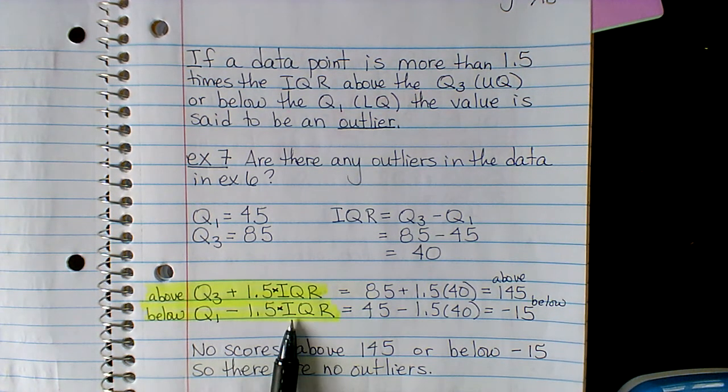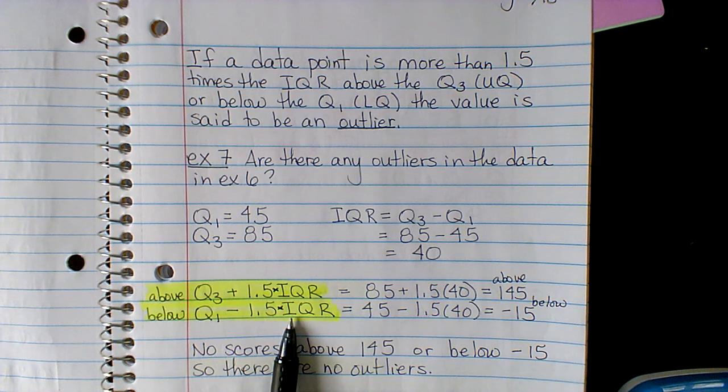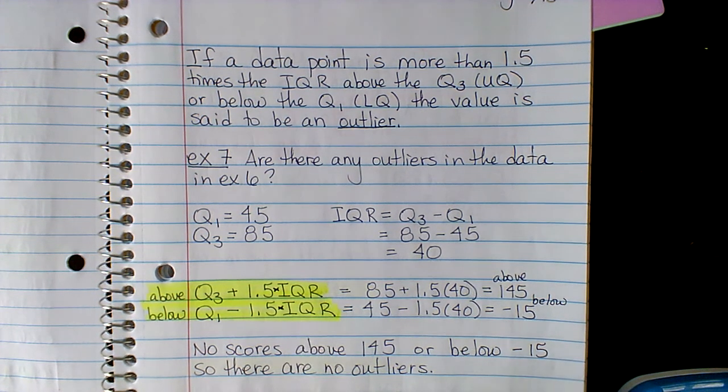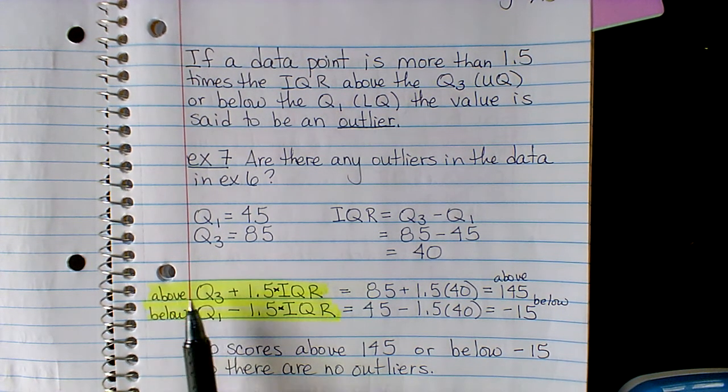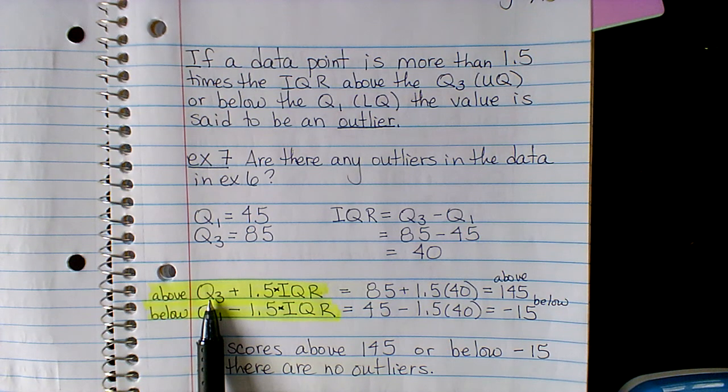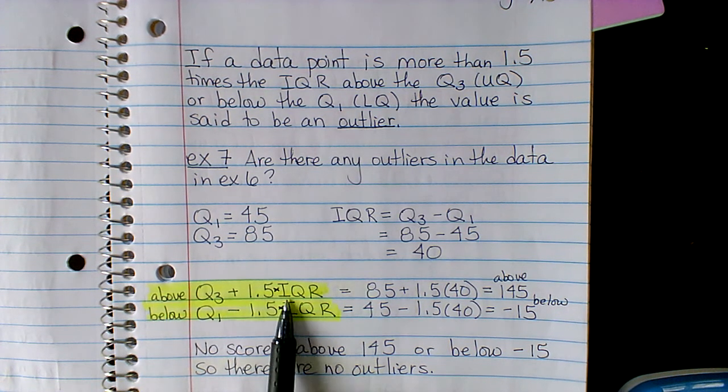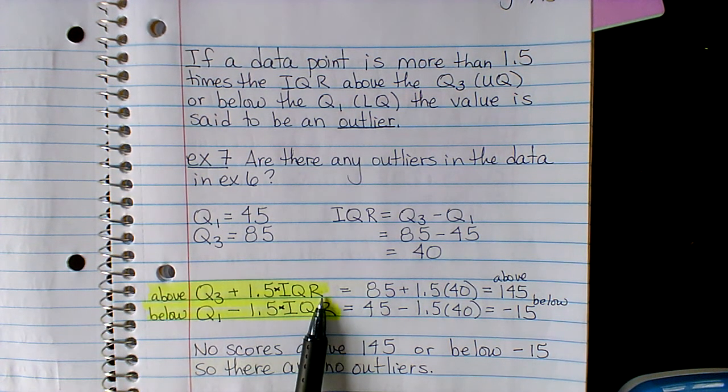So here's our formula for outliers. You can have 2 kinds of outliers. You can either have an upper outlier or you can have a lower outlier, these kind of way off values. If a data point is above the upper quartile plus 1.5 times the interquartile range, then it's an outlier.